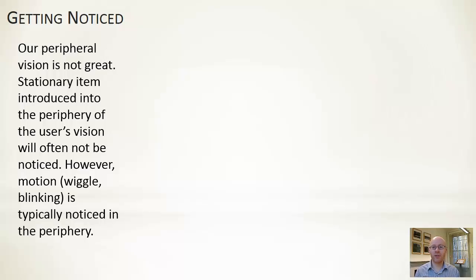If we display stationary text within that peripheral vision, it may not be picked up by the user. It's more difficult to pick up because they're not looking at it directly. We do know that wiggling text or displaying text in a bright, high contrast colour will help the brain identify things in the peripheral vision.